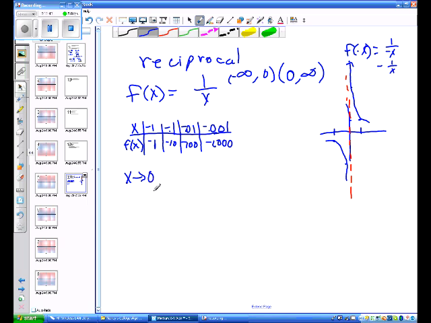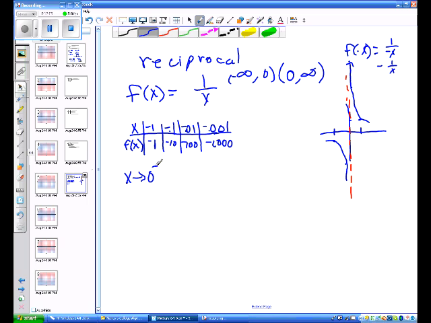So when we put this notation, we have to put in something so that people know which side you're coming from. Here we're coming from the left side, getting closer and closer to 0 from the left. What we do is we put a little negative sign above the 0 and to the right.